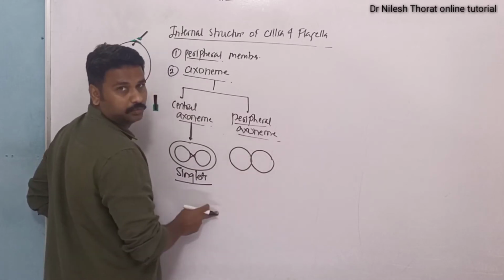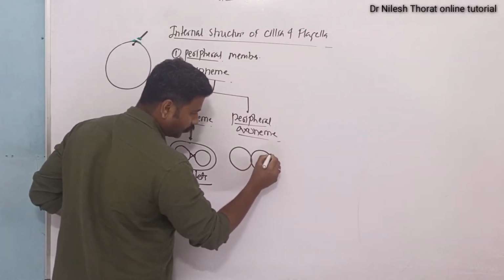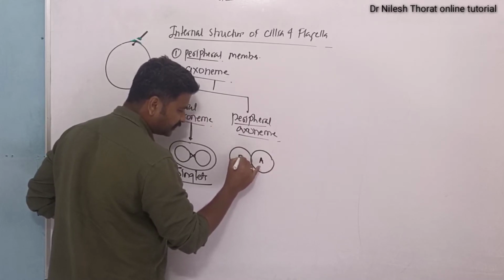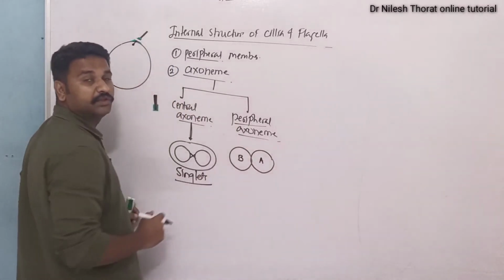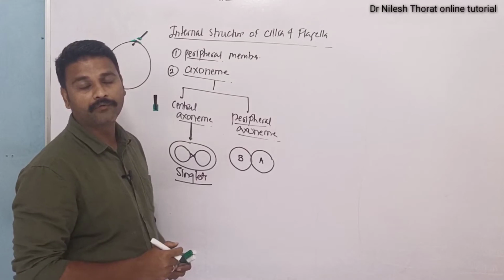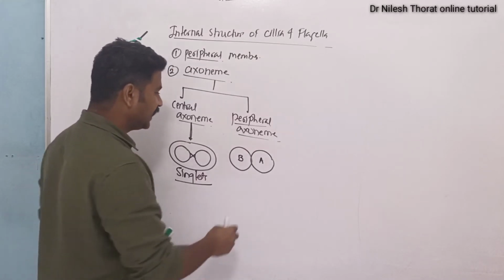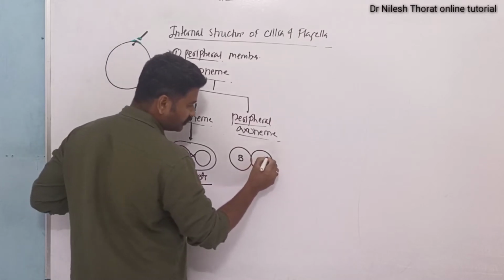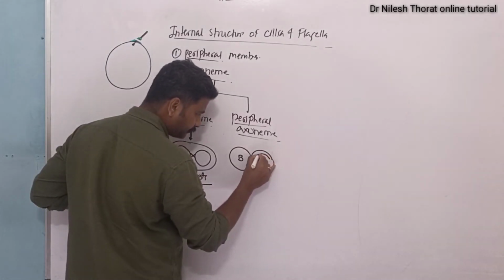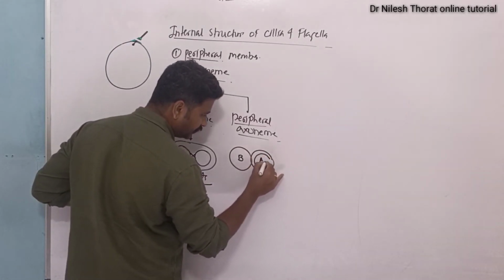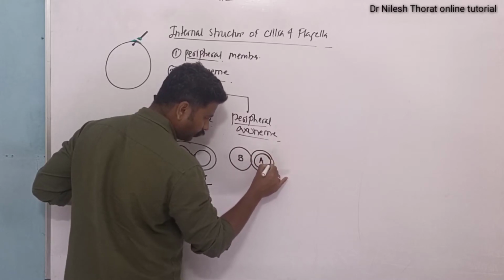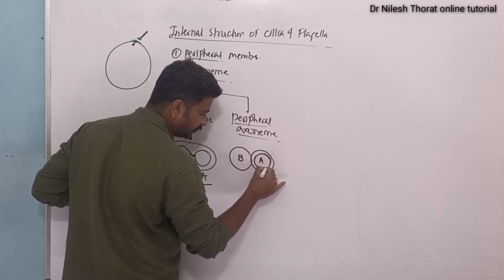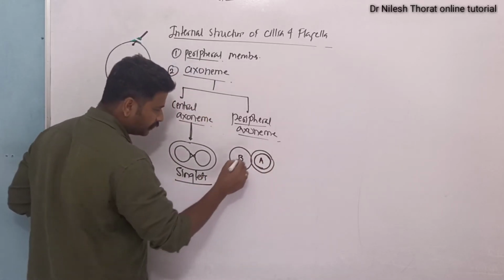The inner tube is called as A tube and the outer is called as B tube. These tubes are made up of protofilaments and they are centrally hollow structures. So these doublets are actually hollow in the center, and these doublets are made up of protofilament.